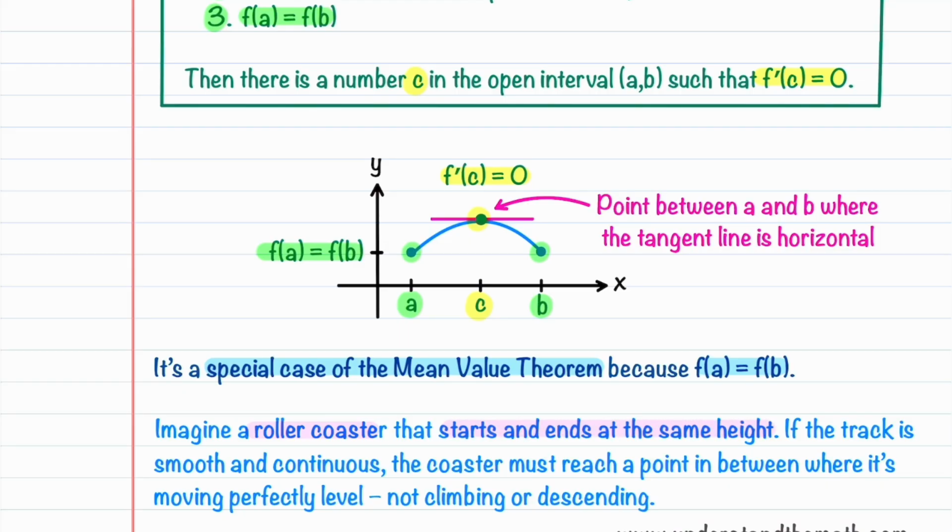If the track is smooth and continuous, the coaster must reach a point in between where it's moving perfectly level, not climbing or descending. That just means that the slope of the tangent line of the track is equal to 0. This just means that the instantaneous rate of change, or the velocity at some point along the roller coaster ride, is equal to 0.